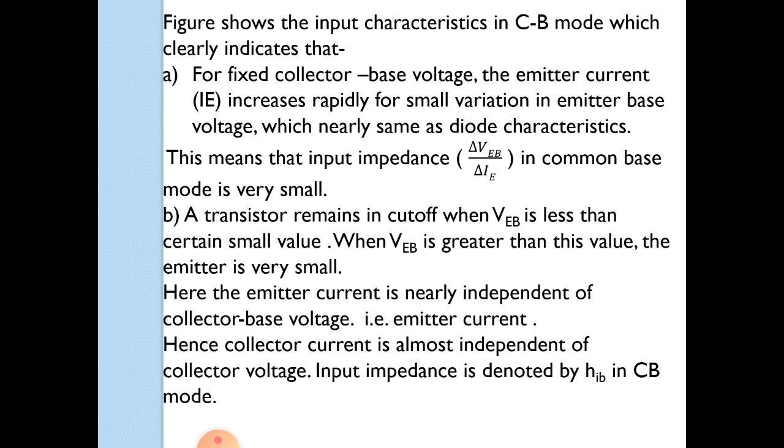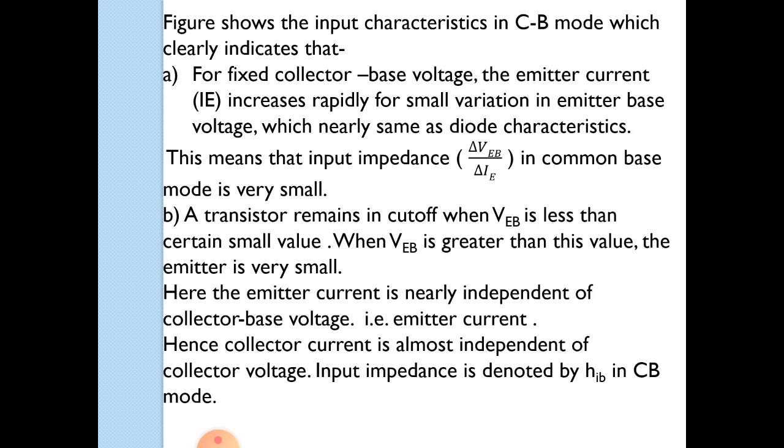Input impedance is denoted by HIB in CB mode. You should remember that input impedance in the CB mode is denoted by HIB. H for the input impedance, I for the input characteristics, and B for the common base mode.